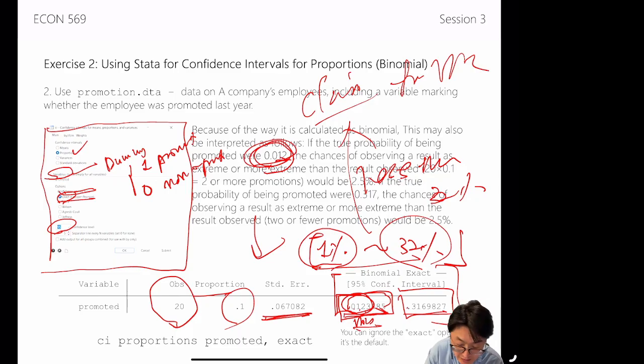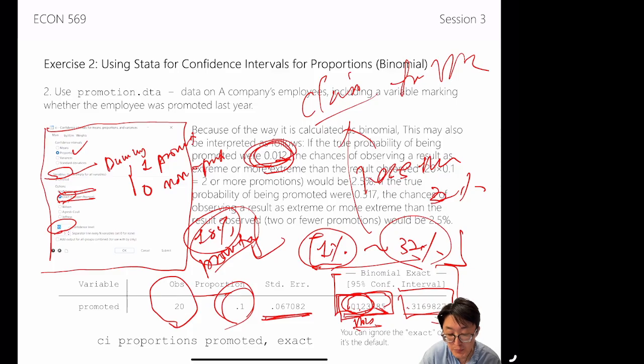So which means, according to your data, you see about a 10% promotion rate. So based on your sample rate of 10% promotion, you can make a statistical inference that the actual promotion rate should be between 1% to 32% with 95% confidence.